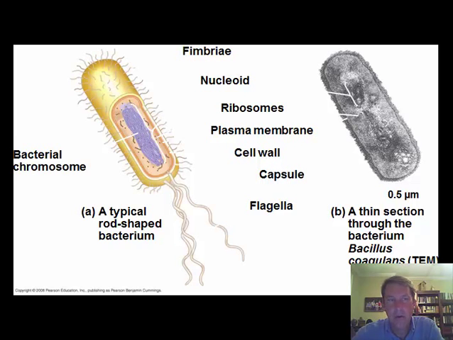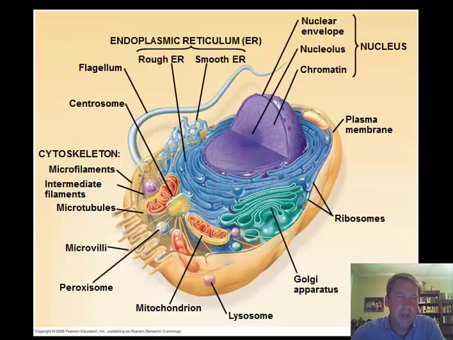Plants also have a rigid cell wall that surrounds their cell. So those are some of the differences that we see in, say, animal cells and plant cells, and also in prokaryotic and eukaryotic cells.